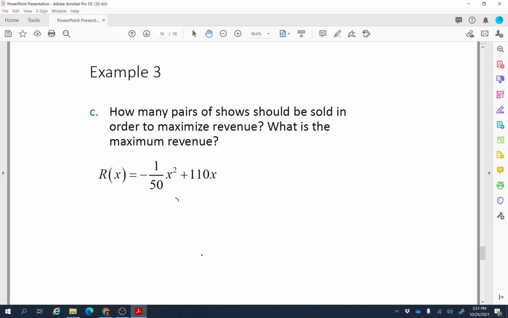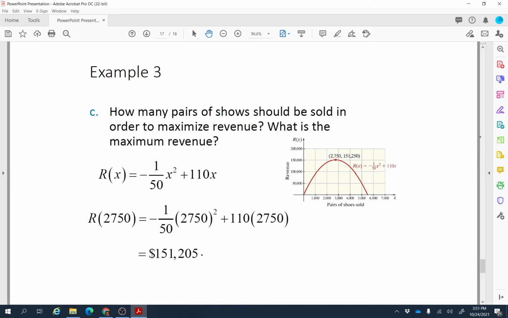And then the y coordinate of the vertex can be found by plugging 2750 into the revenue function. That is $151,250. So the revenue would be maximum when we sell 2750 pairs of shoes, and then the revenue is $151,250.